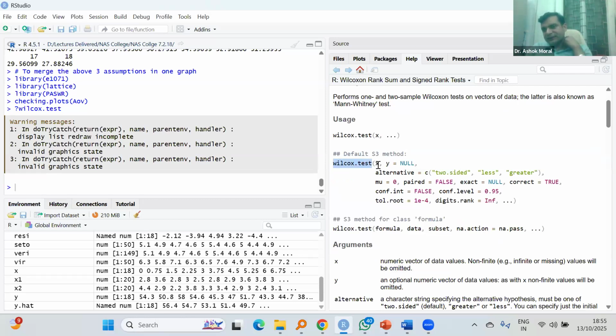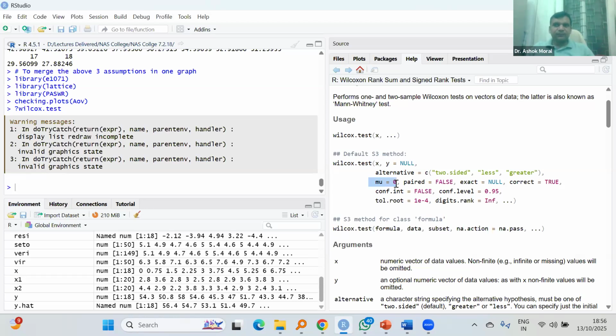If you have the one sample non-parametric test, you will pass x only, and all these things can be set as per the requirement. Mu is there. This mu means it is the median.